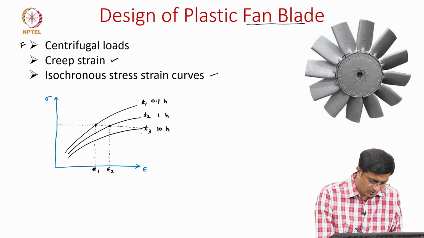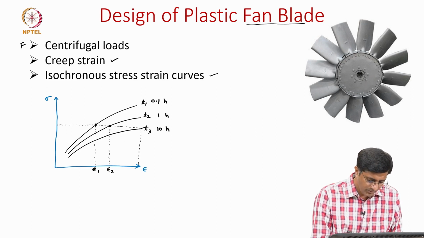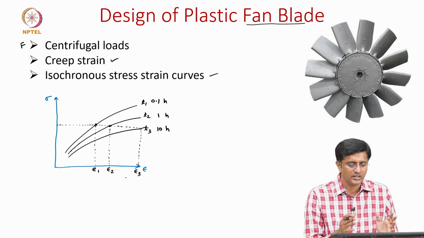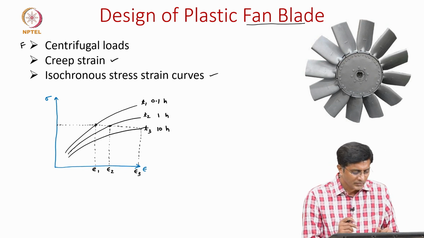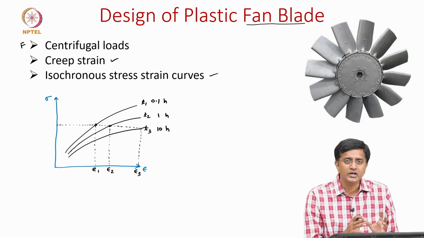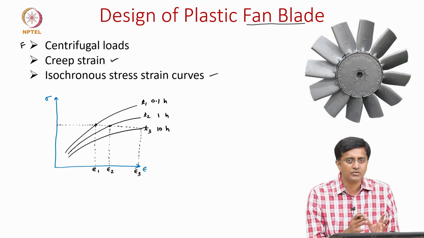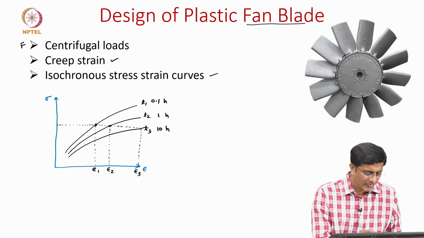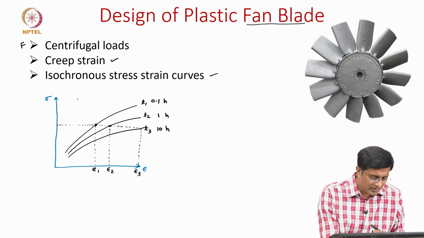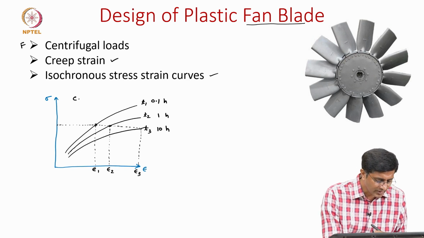But let us say we are looking for very long periods, this is when the creep strain is also very large. So these are readily available plots, either from the manufacturers, or one can undergo these tests and develop these charts. So once we have these charts, one can use these charts to readily come up with these creep strain values. And mind you, probably I have not mentioned, these are usually done at constant temperature.